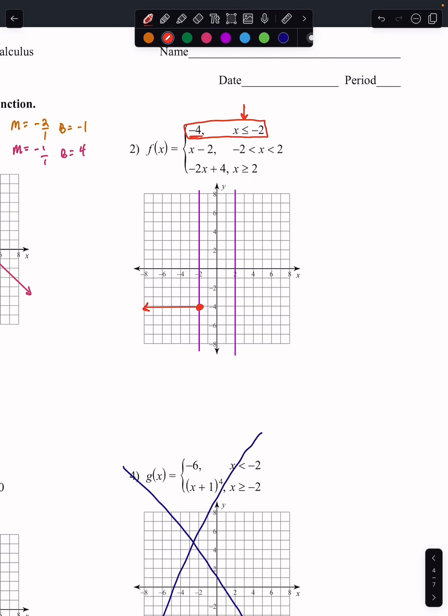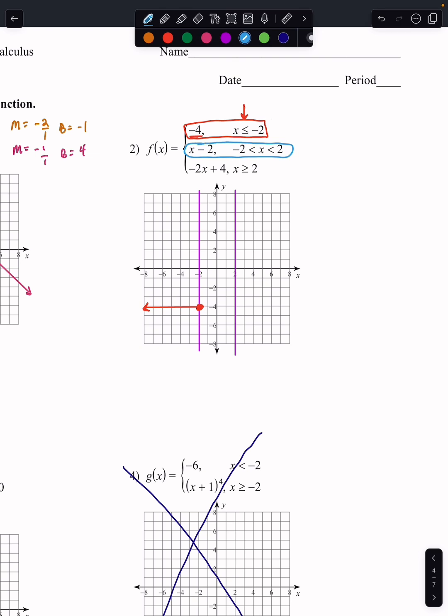Now let's do the middle line. Let's do this blue. We only want the part that's in between -2 and +2. So let's go ahead. My M is 1/1, and my B is -2. Up 1 over 1, up 1 over 1.